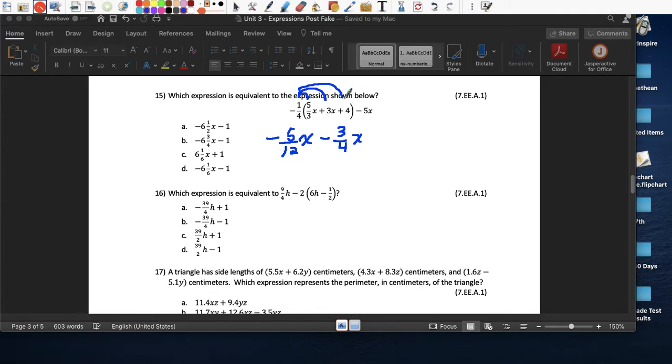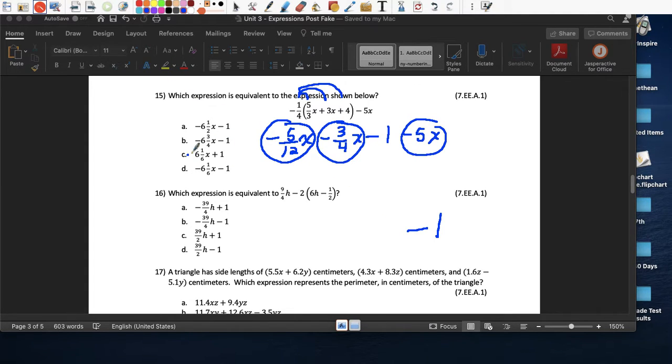And the last one, negative times a negative is a negative, and 1/4 of 4 is just 1, and then the minus 5x. So combine like terms, we can combine this guy and this guy. And then it's going to be minus 1. So your answer is going to be something x minus 1. So guys, look at your multiple choice.